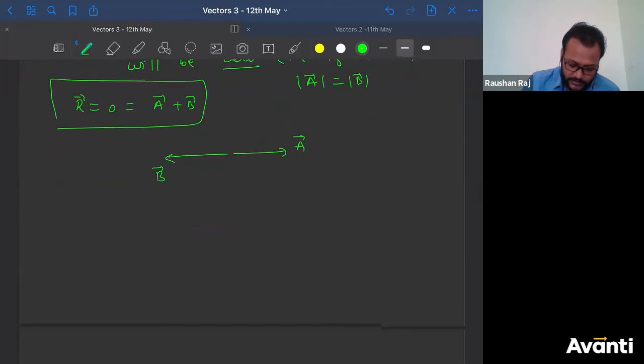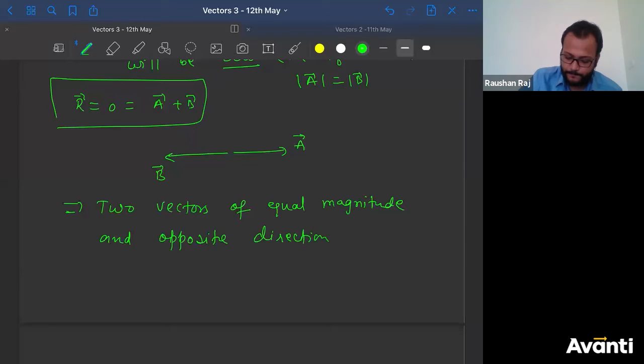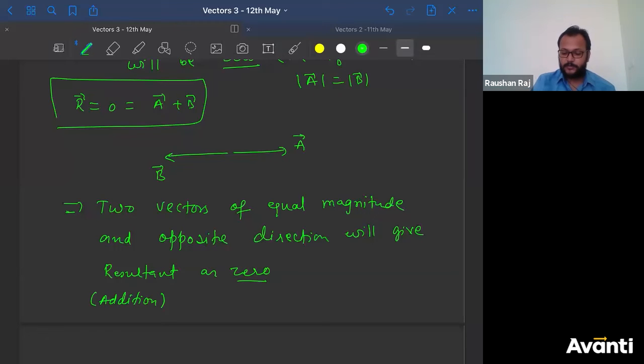So you can also write in this form: two vectors of equal magnitude and opposite direction will give a resultant as 0. And when I'm talking about resultant, I'm talking about addition.